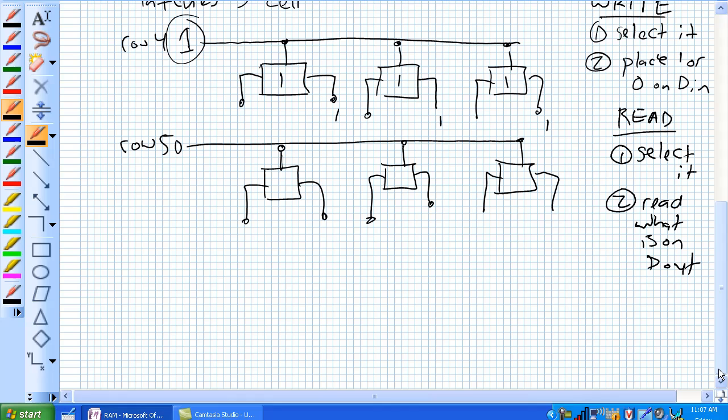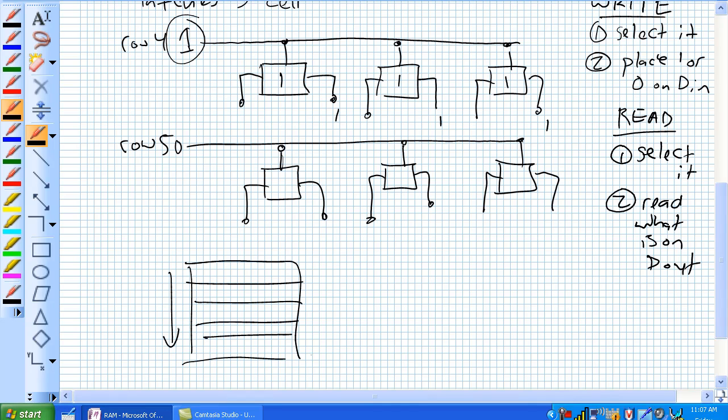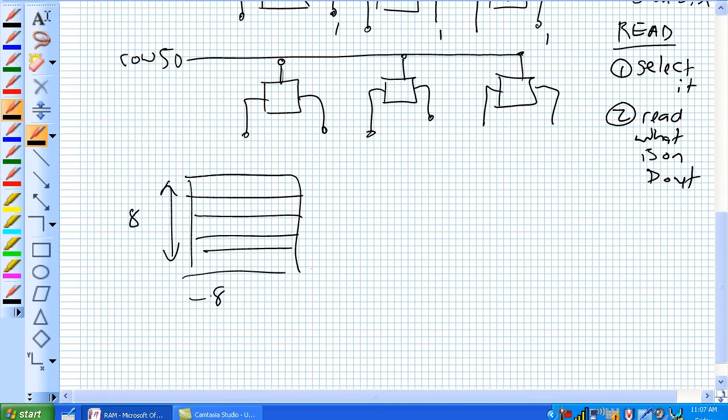Okay, so in the case of an 8x8 two-dimensional array, where bytes are organized in rows. So it's 8 rows, 8 columns. And like I said, bytes are organized in rows.